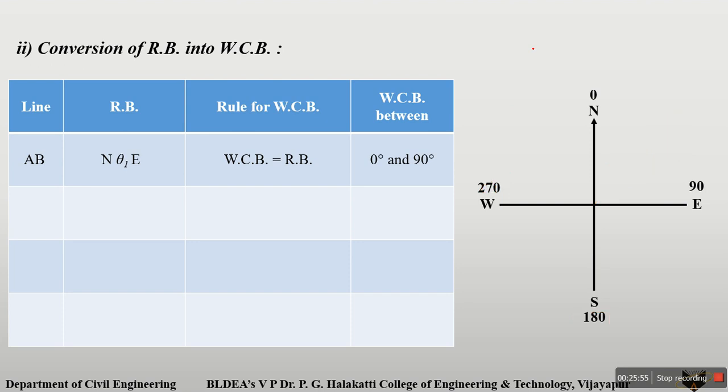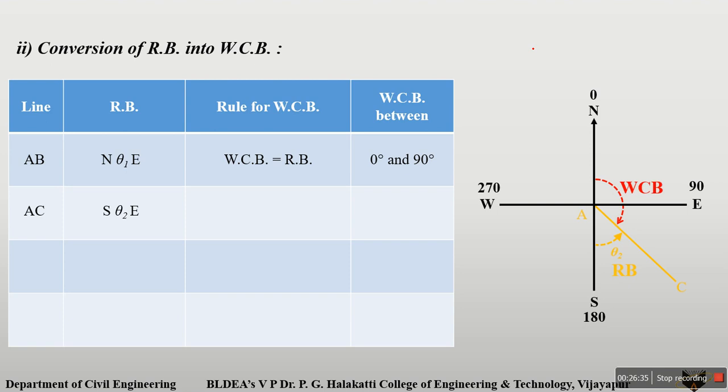Similarly, this is the second quadrant. The line present is AC. In the second quadrant, the reduced bearing is measured from the south direction towards the east. Theta 2 is represented as the RB. You can write it like this, that is south theta 2 east, S theta 2 E. Here we have to calculate the WCB.